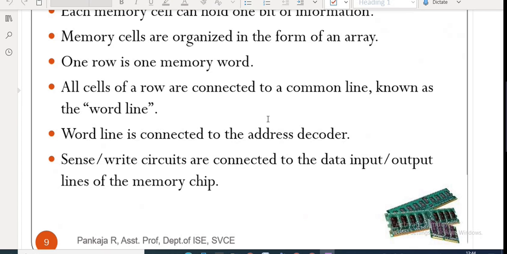If it is a write operation, the data that comes from the data lines is placed onto whichever word or line is activated. That is how the cells are organized for storing information.